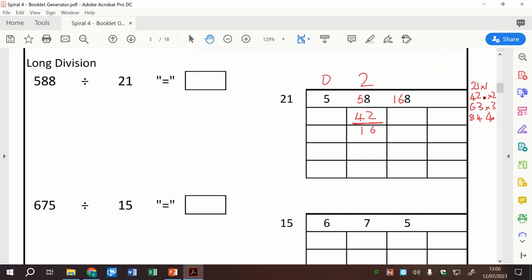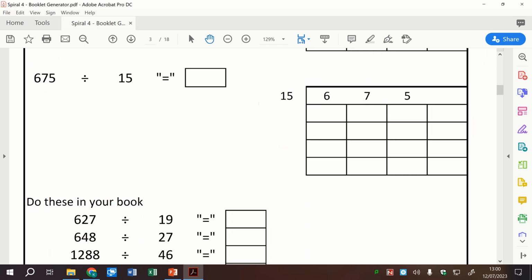Add 20 on again, that's 105, and that's 5. 126 is 6, 147 is 7, 168 is 8. That's what we're looking for, isn't it? 168. So that goes 8 times. So 588 divided by 21, the answer is 28. Okay, let's do one more of those because they're hard.